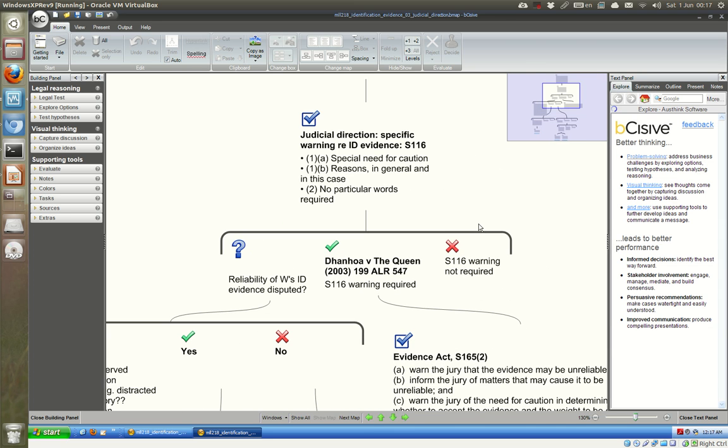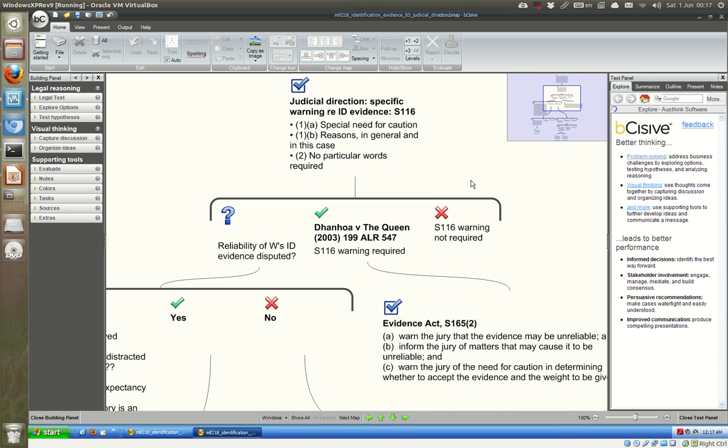So the specific warning that must be given as per section 116 is that there's a special need for caution with respect to the identification evidence, and also this direction must include a general warning about the unreliability of evidence.